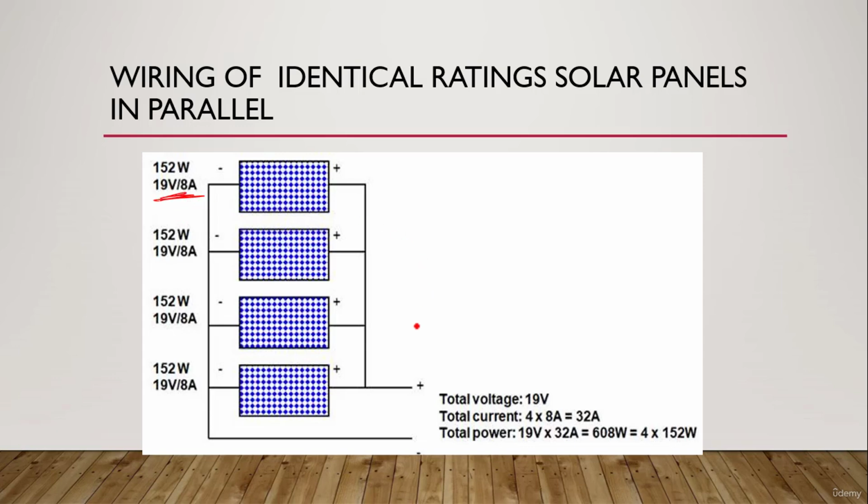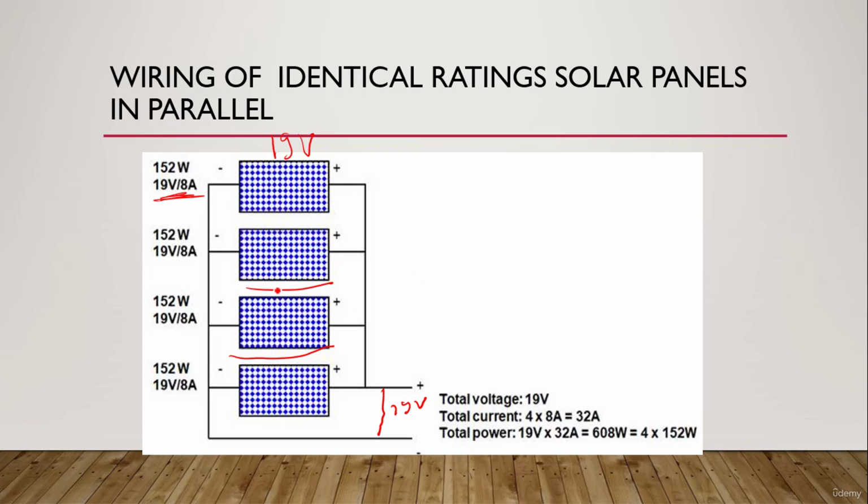The total voltage of the parallel is going to be the same voltage around these 4. So the voltage here is going to be 19 volt, here 19 volt, here 19 volt, so the voltage is going to stay 19 volt. The voltage stays constant in the case of parallel.